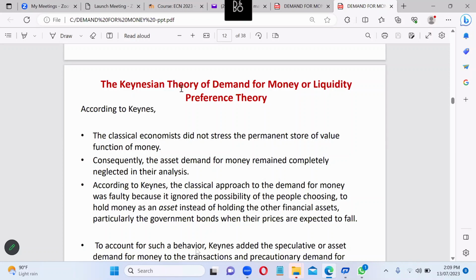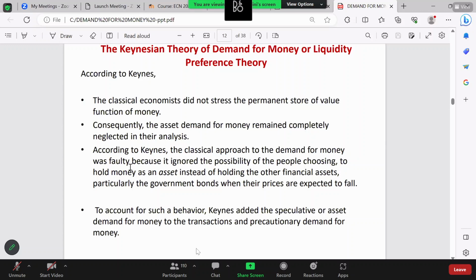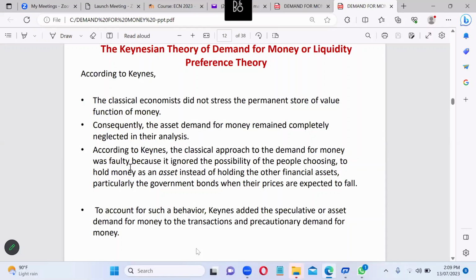According to Keynes, the classical approach to the demand for money is faulty because it ignored the possibility of people choosing to hold money as an asset instead of holding other financial assets, particularly government bonds, when their prices are expected to fall.